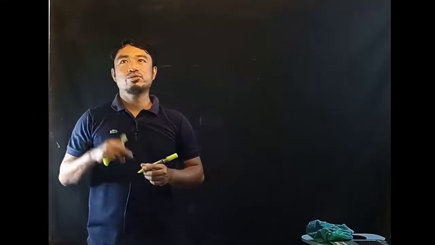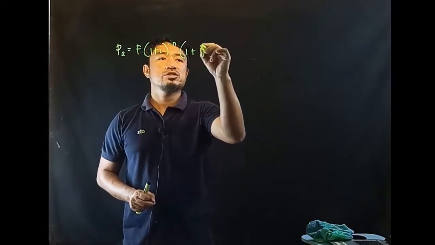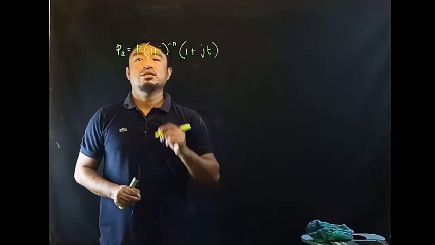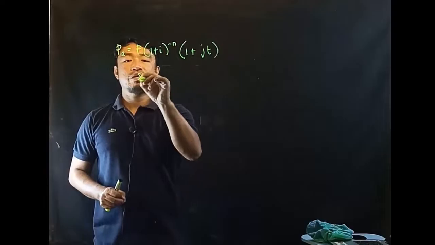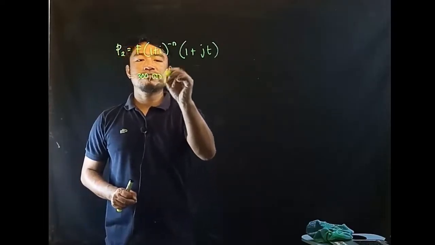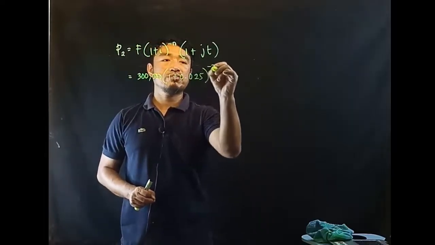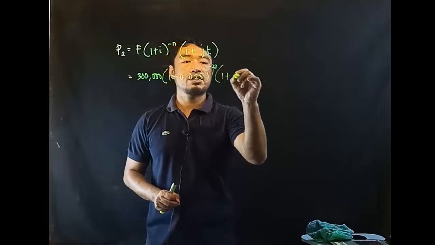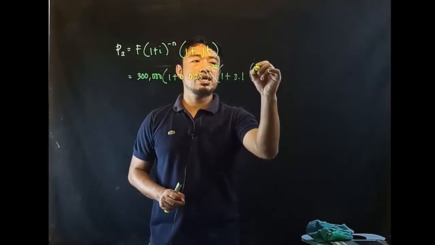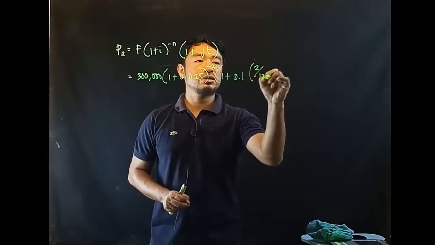And again, we can combine that two-step process into a single formula using P2 equal to F times (1 plus i) raised to negative n, times (1 plus j times t). So, for this case, the final amount is 300,000 times (1 plus 0.025) raised to negative 22, times (1 plus 0.1 times the added months, 2 over 12).